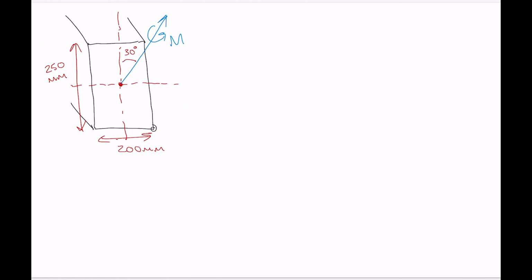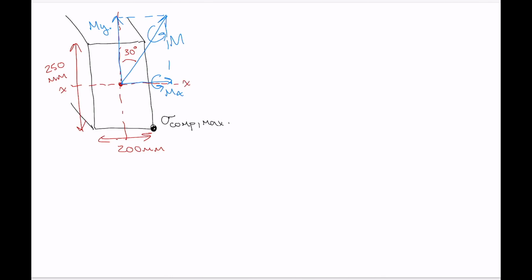We know that the point we're interested in here is sigma comp max, right? And we know that we're breaking this moment up into an x component and a y component. Great, and let's label our centroidal axes.